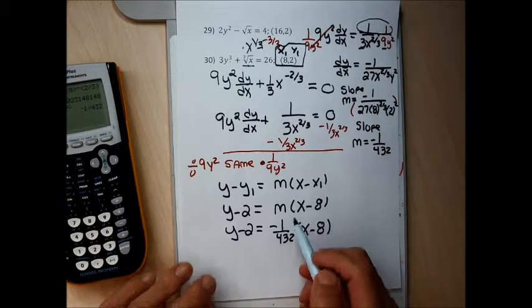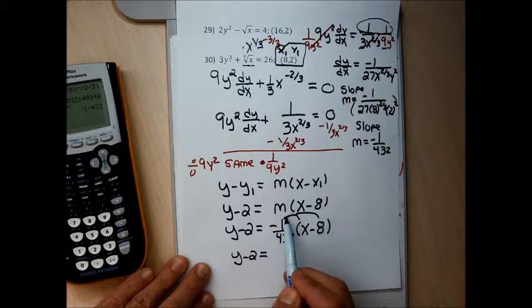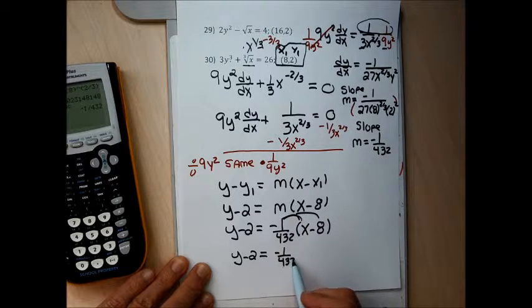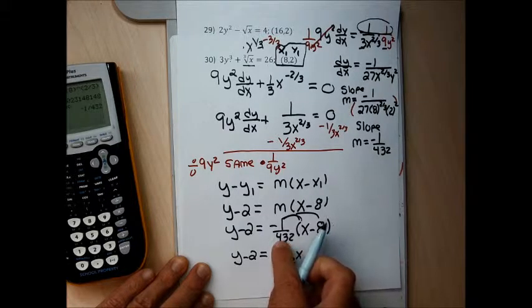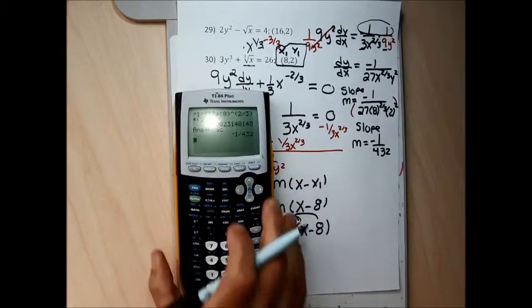The right side is going to be a bit of a pain to reduce. The left side, temporarily, I'm going to leave as y minus 2. And on the right side, the first multiplication is easy. -1 over 432 times x, I'm just going to write as -1 over 432x. But -1 over 432 times -8 is a nuisance to do, so I'm going to pull out my calculator.